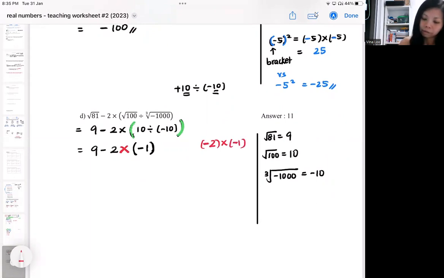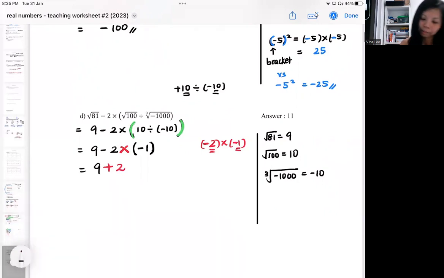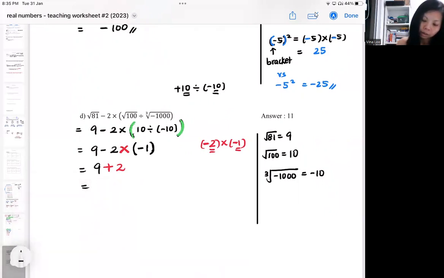Negative and negative become positive. 2 times 1 becomes 2. And the 9 is there. So negative 2 times negative 1, negative and negative, so the final answer will be 11.